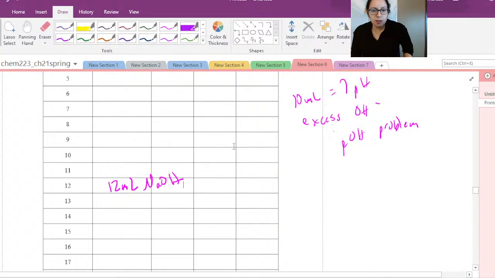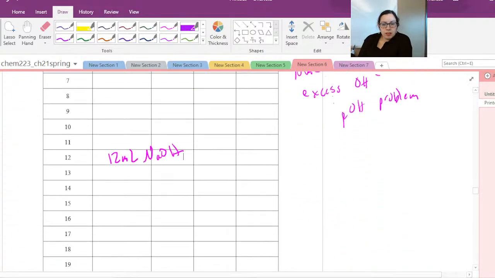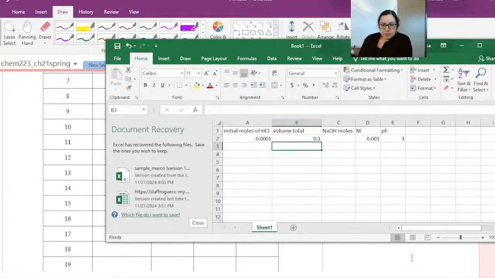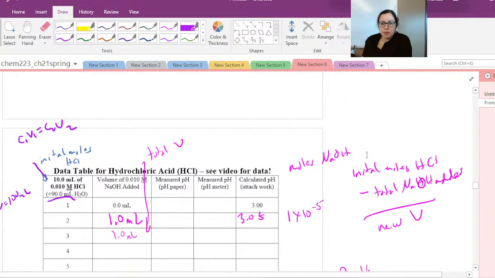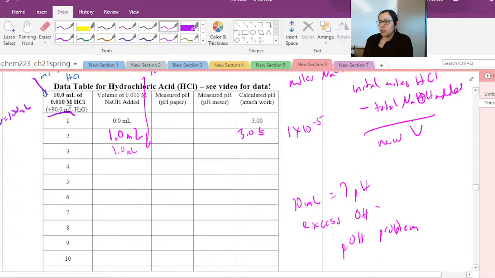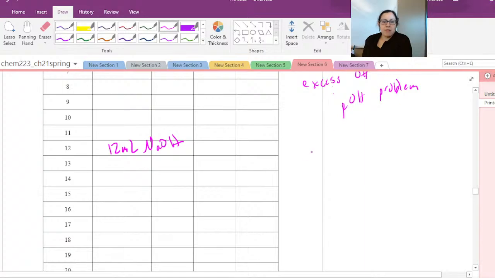And so again, right, you have to do your reaction. And for Excel, you might want to have probably like different scenarios, right? So you want to set up your calculations before the equivalence point, and then kind of after the equivalence point.